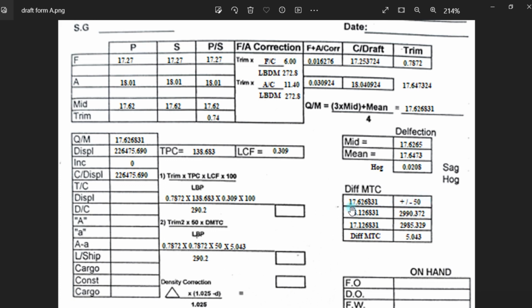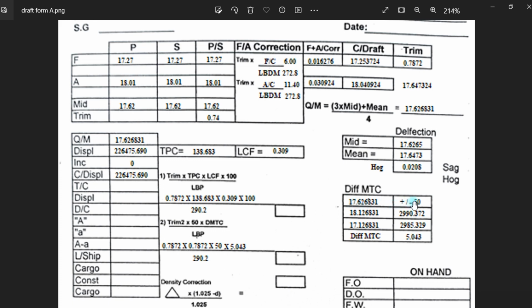So with the quarter mean of 17.626831, you add 50 centimeters or 0.5, that will be equivalent to 18.126831, and we will get the value of this one.